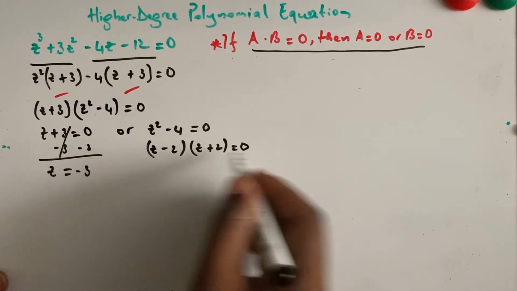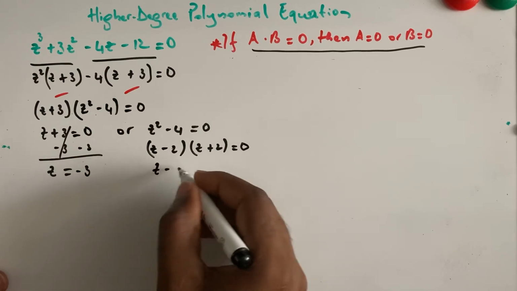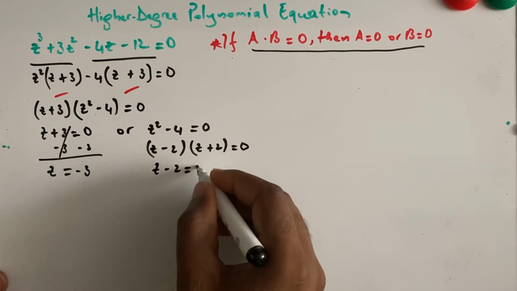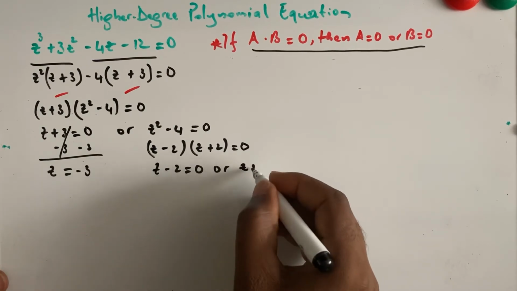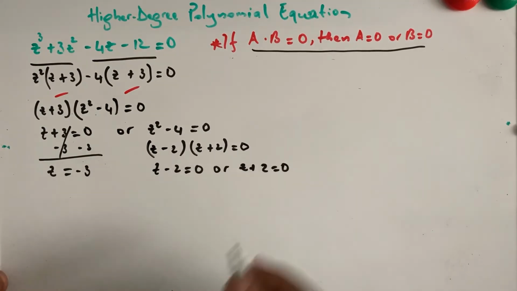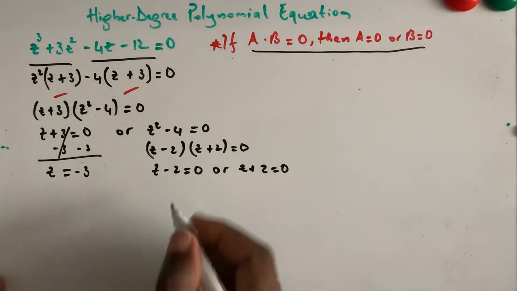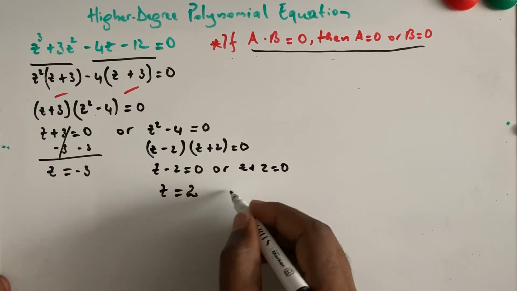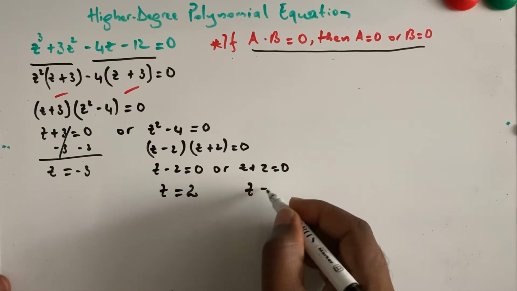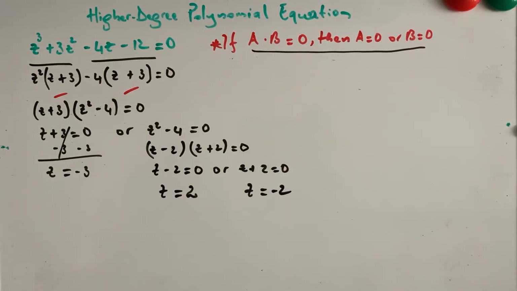So again, one of the factors has to be 0, so z minus 2 equals 0, or z plus 2 equals 0. And then you end up with z equals positive 2 here, or z equals negative 2, okay? So those are the values of z.